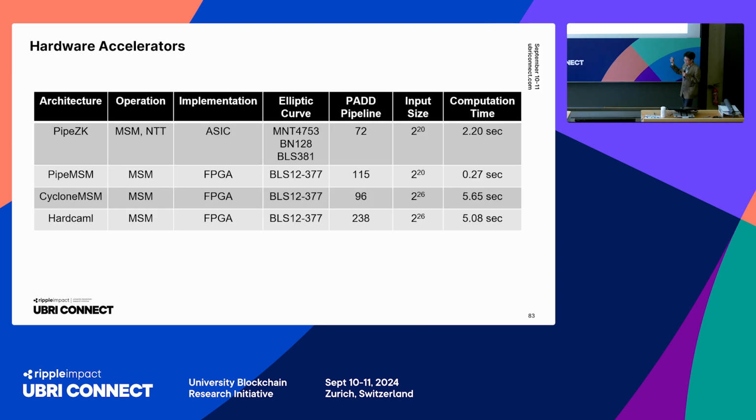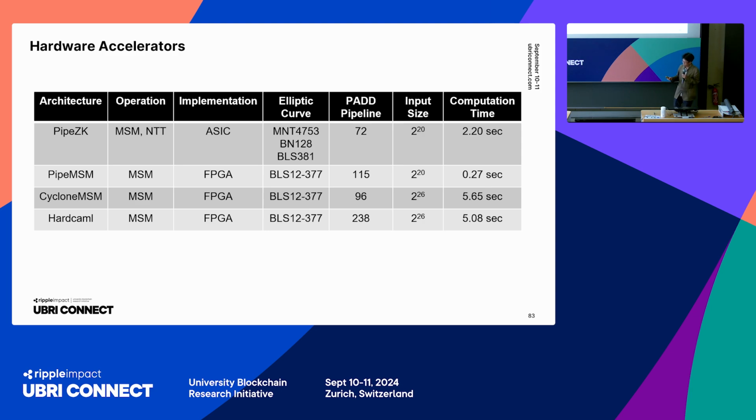So these are some known hardware accelerators. The first one is PipeZK, which is implemented in ASIC, and it supports 3 kinds of elliptic curves. It employs 72 point addition pipelines. So the point addition circuit is the biggest hardware in this accelerator.